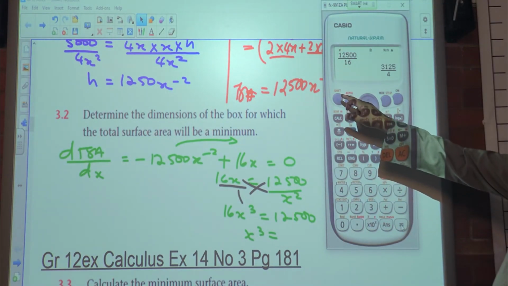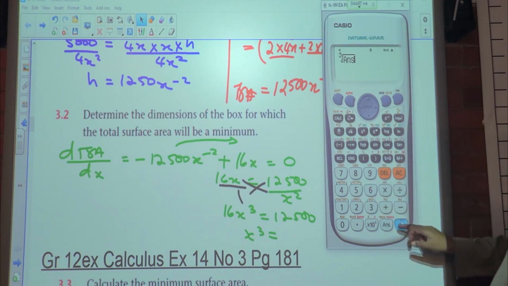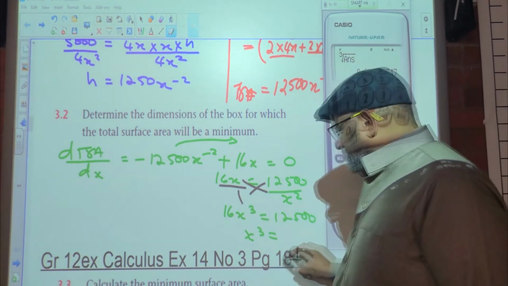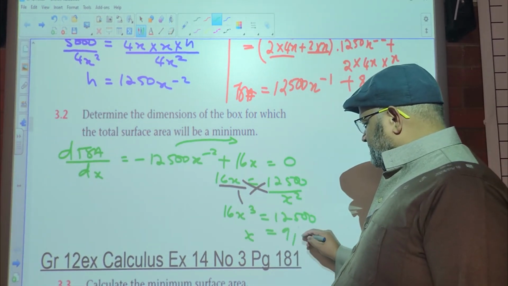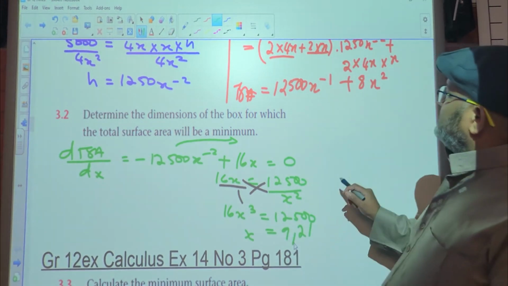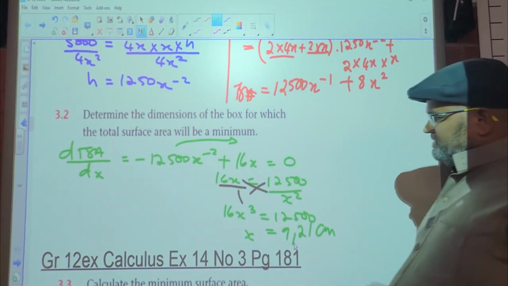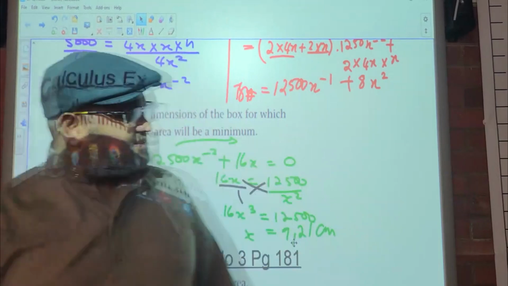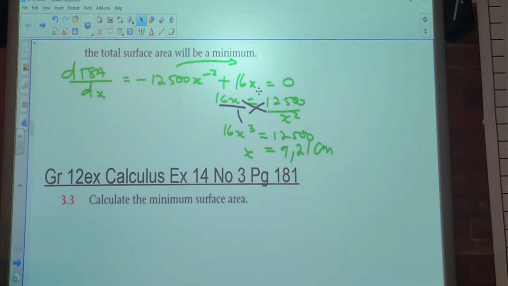The cube root thereof gives you 9,21. Is that correct? 9,21. I think it was centimeters, no? So it's centimeters. If it was meters, it would of course be meters. Yeah, centimeters cubed, so it's in centimeters.